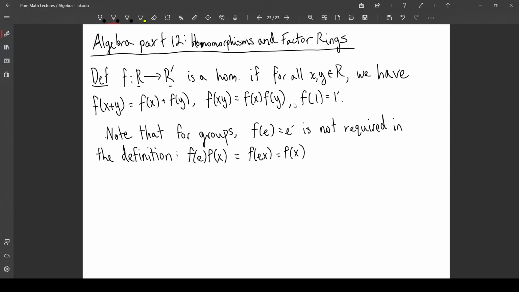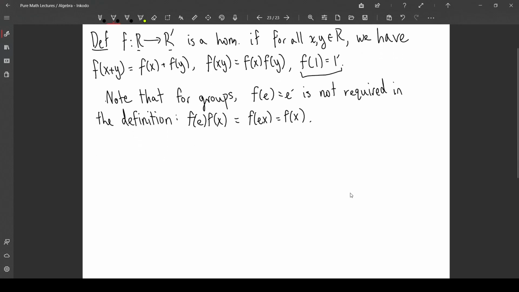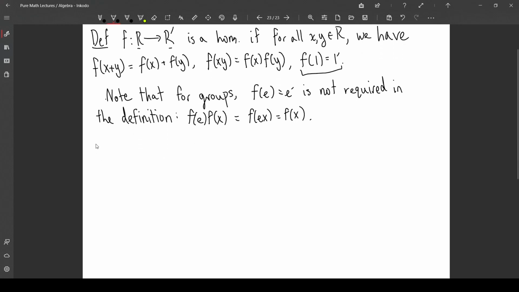So that's why we have to put in the definition of a ring homomorphism that f maps the identity to the identity. Unlike in group homomorphisms, we didn't have to specify that because it's actually a property of group homomorphisms. Okay, so that's the definition.